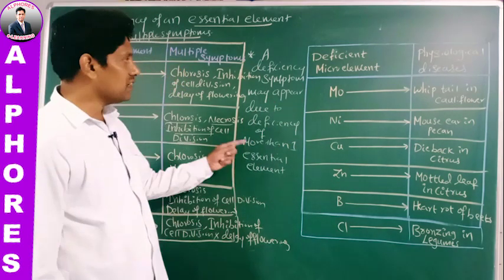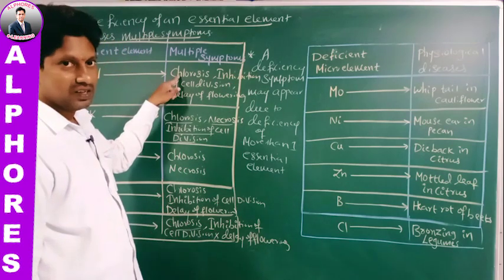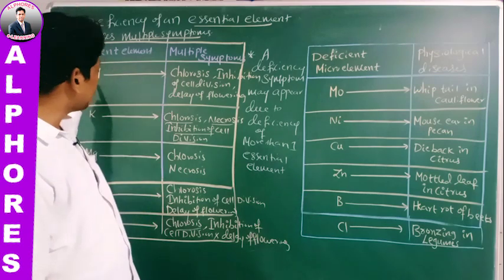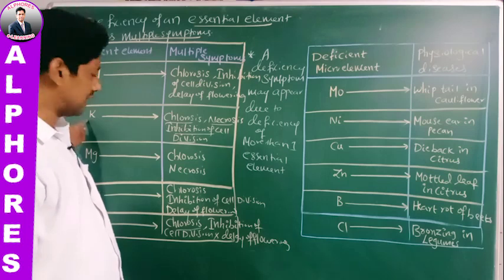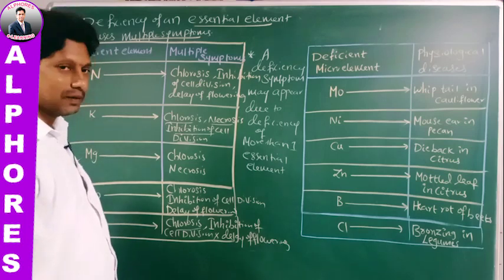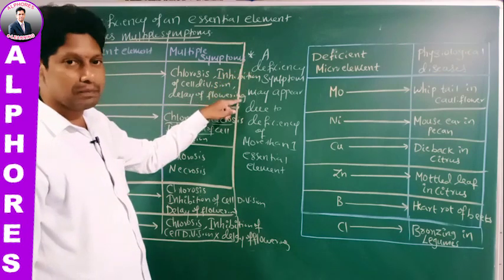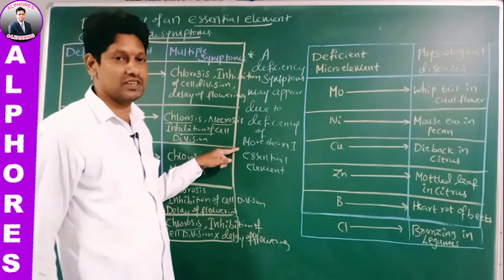What is the meaning of these statements, sir? Take a deficiency symptom by name chlorosis. Is chlorosis a deficiency symptom only due to the deficiency of nitrogen? No, it is also due to deficiency of potassium, magnesium, molybdenum and sulfur. Therefore, a deficiency symptom may appear due to deficiency of more than one essential element.